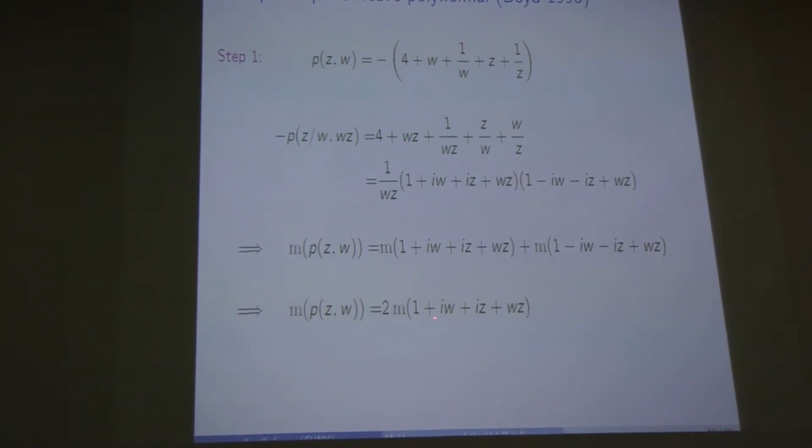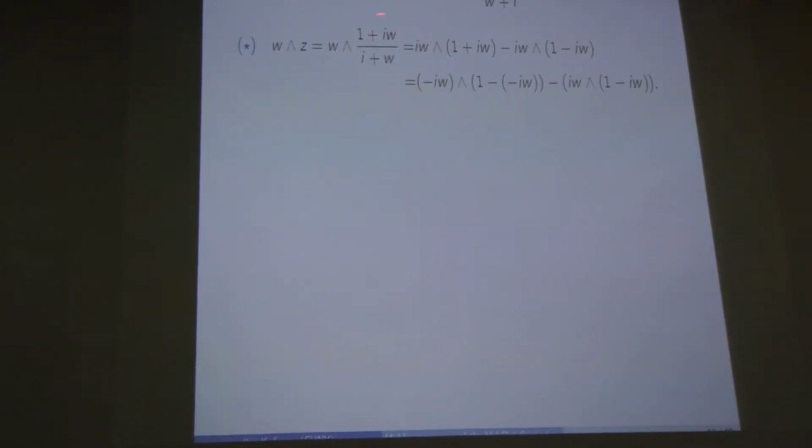So it's twice the Mahler measure of this fellow. Okay? Now, the zero locus lets us then parameterize. Z can then be expressed in terms of these W's. So W wedge Z, which is this condition star that we care about, can be written as a sum of two fellows.